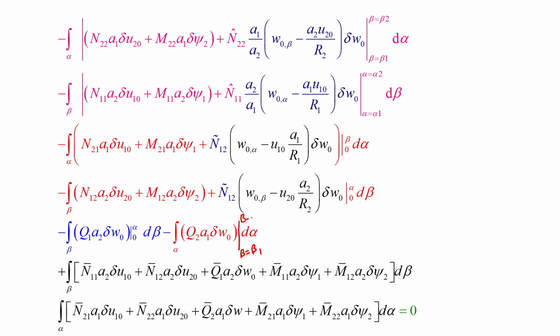Here a slight correction is there: it should be beta 1 to beta 2 or alpha 1 to alpha 2, that is more consistent compared to writing 0 to alpha or 0 to beta.